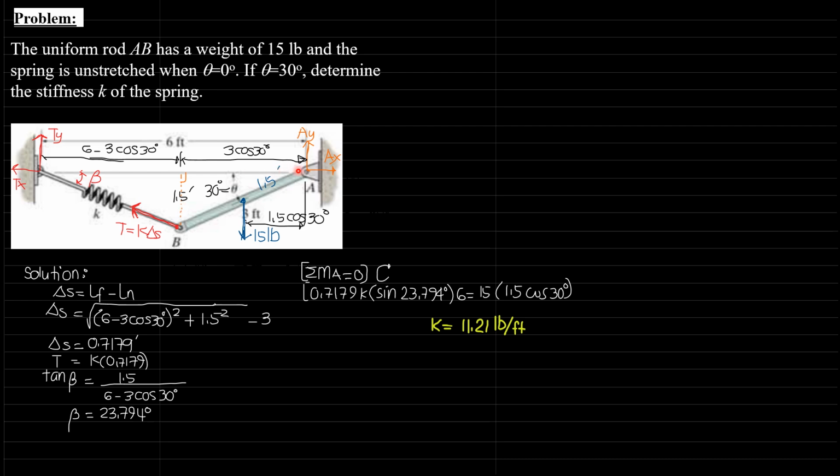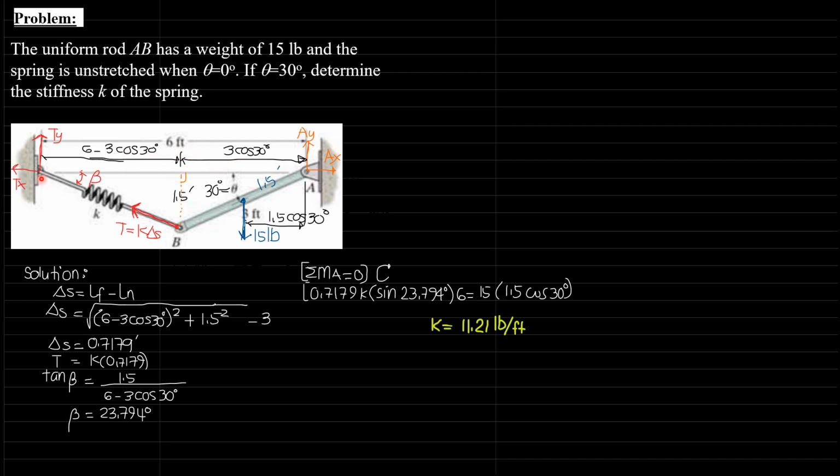Then the horizontal projection of the bar is 3 cosine of 30 degrees. Therefore, the horizontal projection of the spring would be the original distance between these supports, 6, minus 3 cosine 30.